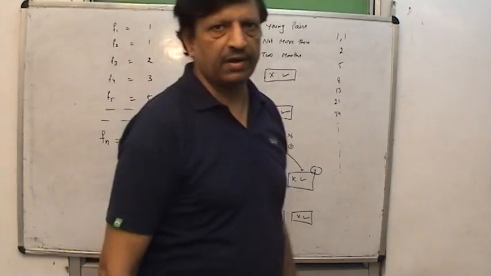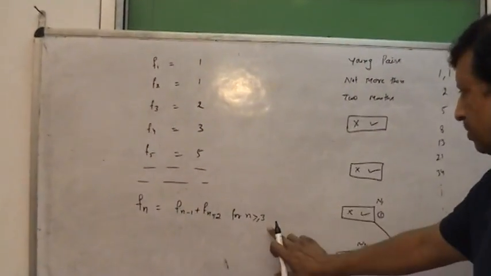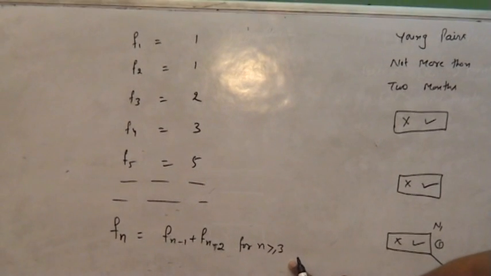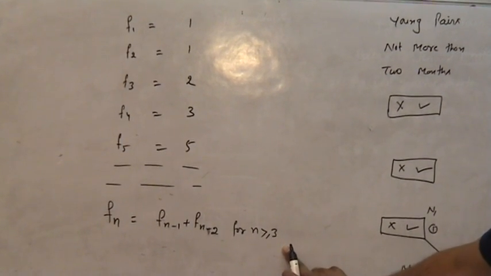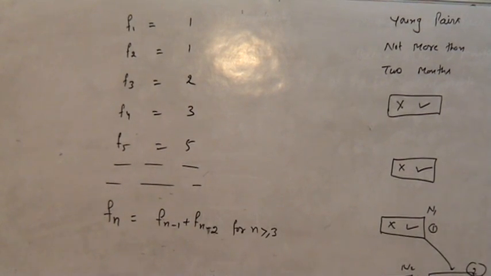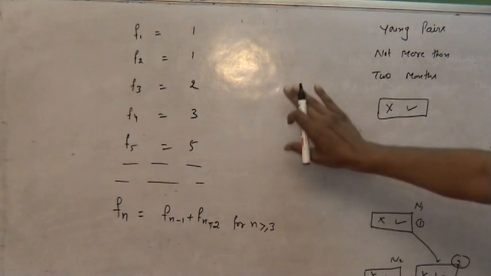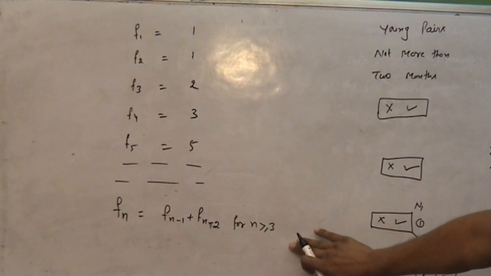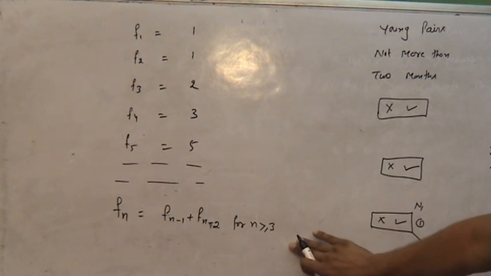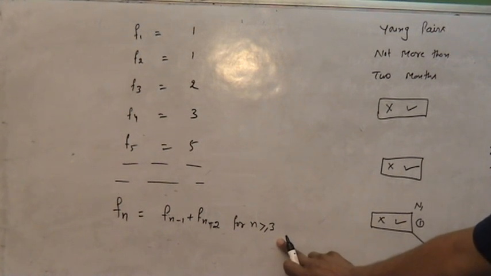Remember this condition. I have taken n greater than or equal to 3 because the rabbit pairs start reproducing at the end of the third month. If you see certain other books or other material, they use breeding of the pair at the first month and reproduction at the end of the second month, and they will write here n greater than or equal to 2.